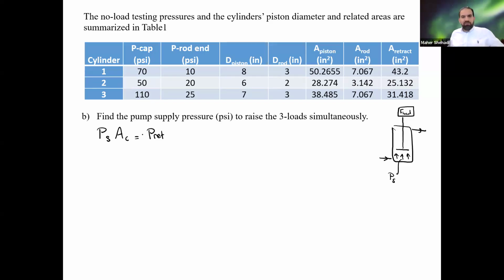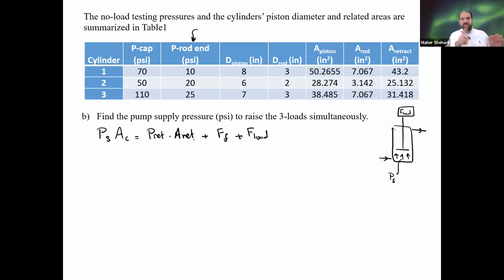But since we will have to add any pressure drop, the tank pressure drop, so on and so on, I will just keep it P retract so that I can differentiate between this one and the pressure that we'll be calculating. Plus the frictional force plus F load.